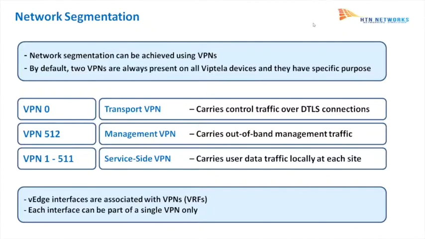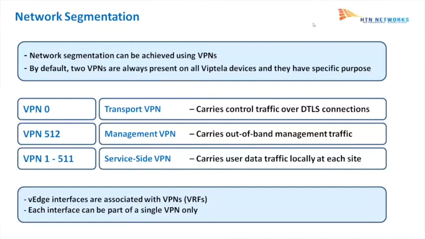So the data traffic carries over the IPsec tunnel. The transport side has only DTLS connections. So all the control traffic goes over the DTLS connection, and the data traffic goes over the IPsec. So therefore you don't need to define a VPN for that data traffic because you're defining IPsec.